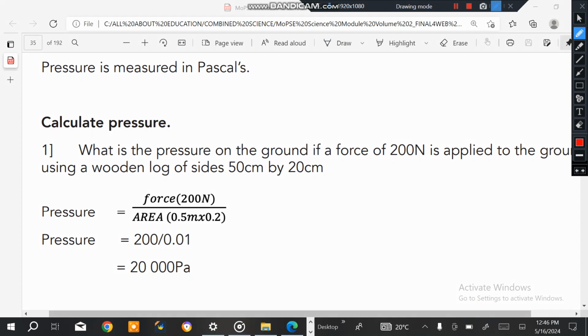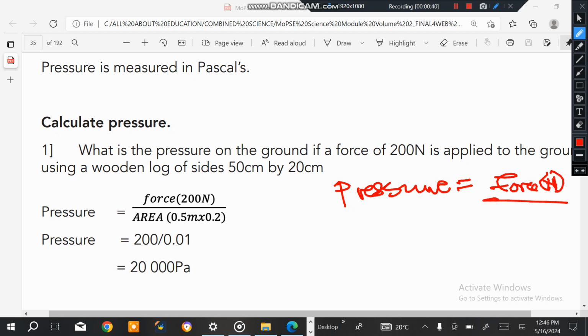So what you need to know is that pressure is equal to force measured in Newton over area measured in square meters. This is the correct formula.